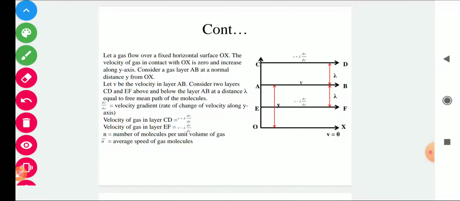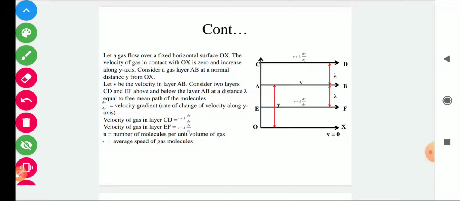Now, if we consider any fluid layer, let a gas flow over a fixed horizontal surface OX. This surface is fixed, and the velocity of gas in contact with OX is 0 due to the no slip condition.